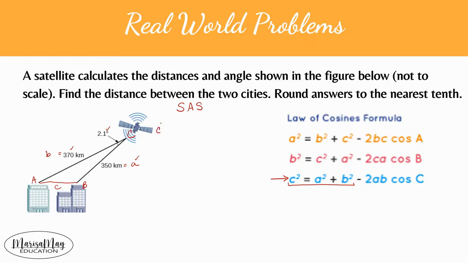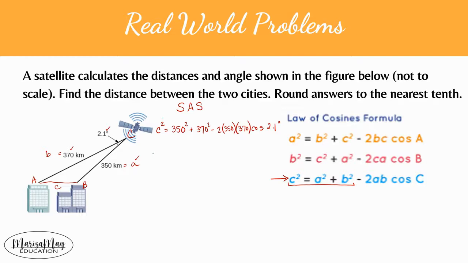Okay, so I've got c squared equals a squared, which is 350 squared, plus b squared, that's 370 squared, minus 2 times a, which is 350, times b, which is 370, cosine of 2.1. Now, I'm not going to go to my calculator just yet because I've got one more step to get the c all by itself.